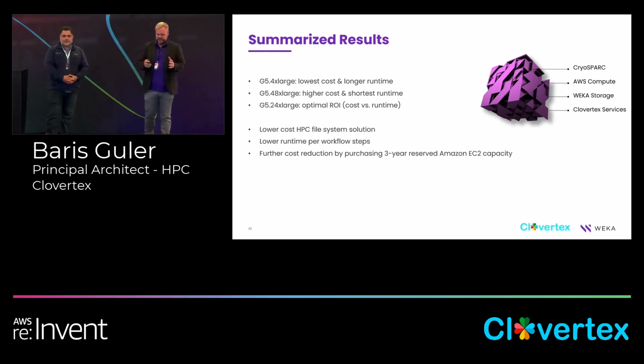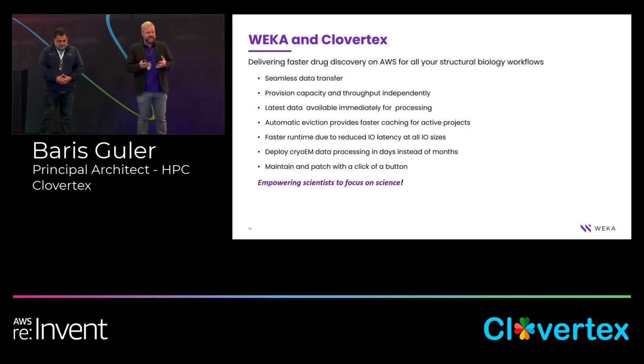That's right. Finally, let's put these results back into a business value summary. What does this mean for the future of drug discovery? This is a model that we're going to see across all large pharmas and research institutions. Ultimately what we learned through this project was that we can stream data transfer faster, and we can provision capacity and throughput independently, which allows us to scale up and scale down to meet workflow needs and ultimately optimize on cost.